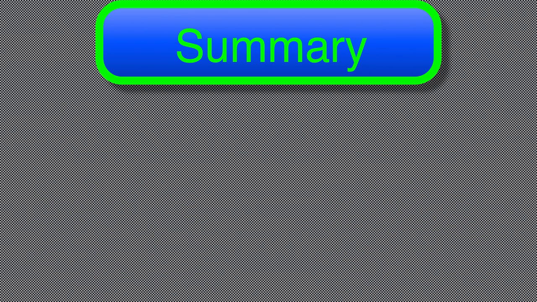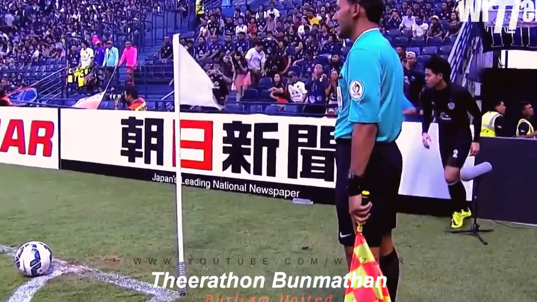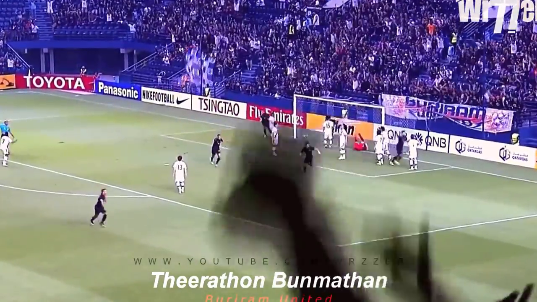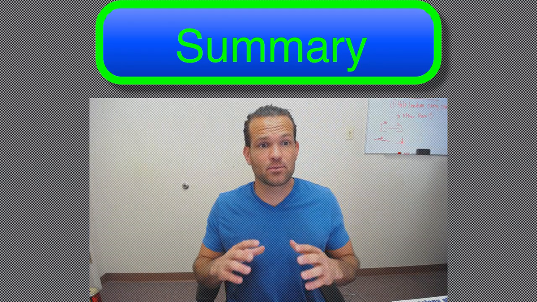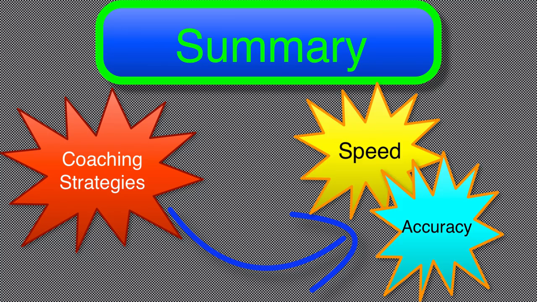And thirdly, the best athletes in the world are the ones that can do things lightning fast with big ranges of motion while also being extremely accurate. And from these understandings, we can create coaching strategies that facilitate athlete development of techniques related to speed and accuracy.